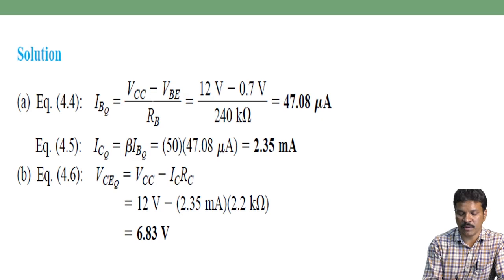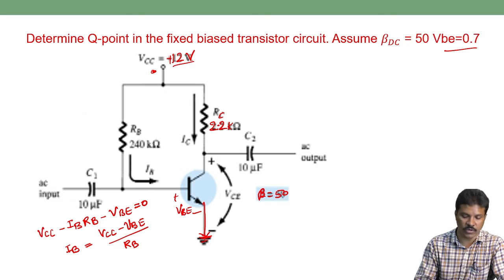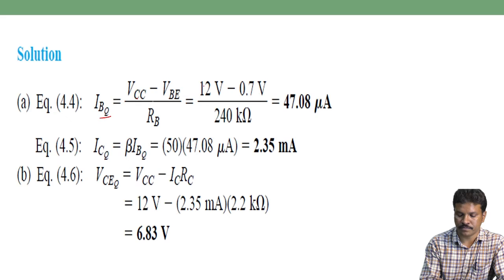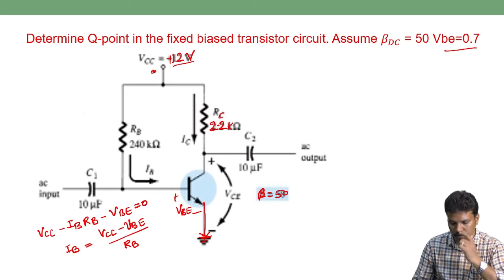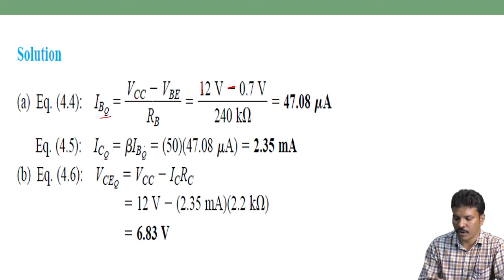So when we substitute IB is equal to VCC minus VBE by RB, in this problem VCC is given 12 volts. So 12 minus VBE, which is 0.7, divided by RB, which is 240 kilo ohm.